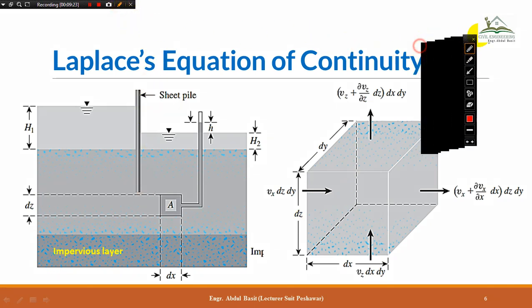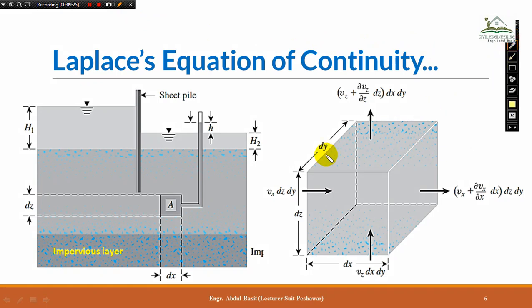This is the area I am highlighting, the area perpendicular to Vx, and that is dy multiplied by dz. I hope this is clear to you now. Now the area that is perpendicular to Vz, the velocity in the vertical direction.